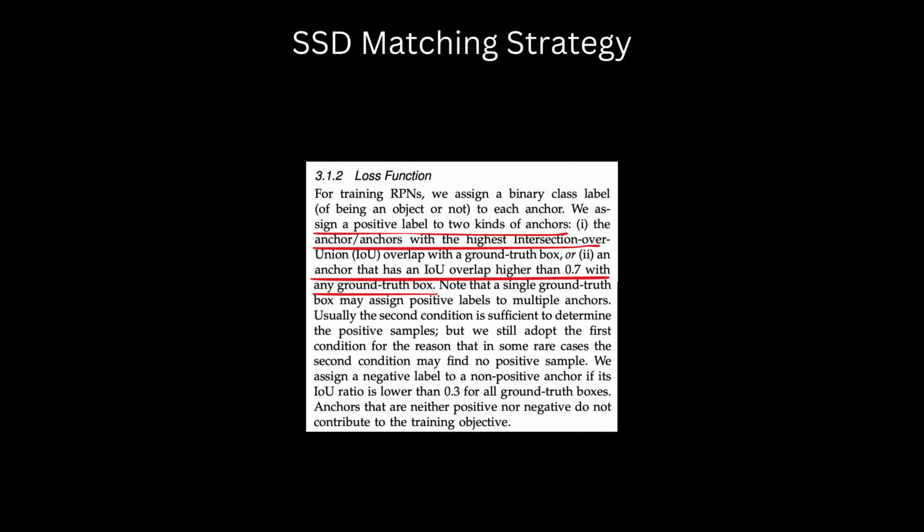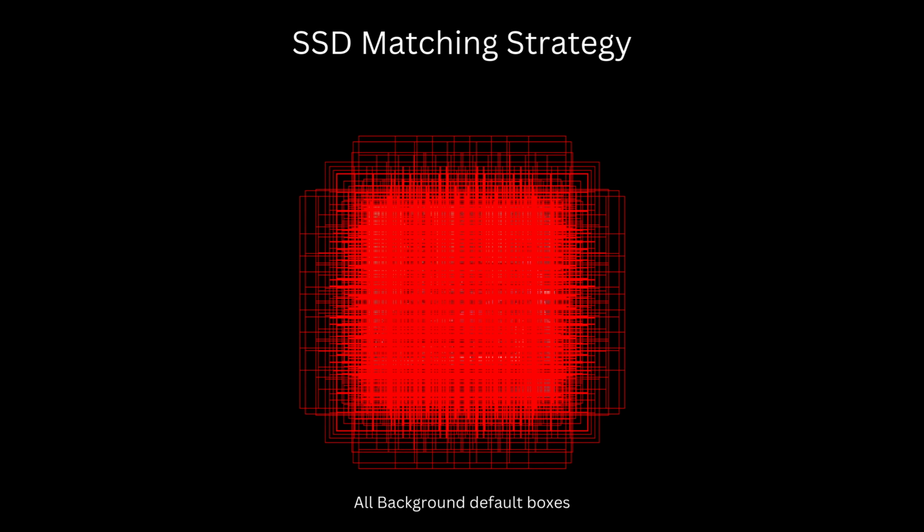Now all the default boxes that were not selected as foreground are background default boxes for this image and this set of ground truth boxes. This obviously is a problem because the imbalance between the number of background and foreground boxes is going to result in a network which will effectively not learn to predict foreground classes. So here's where the authors use hard negative mining.